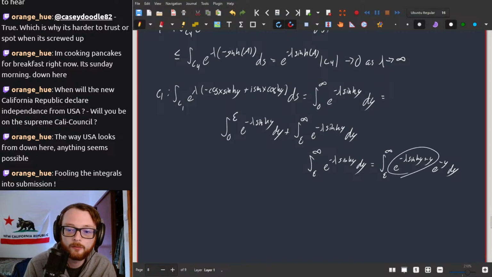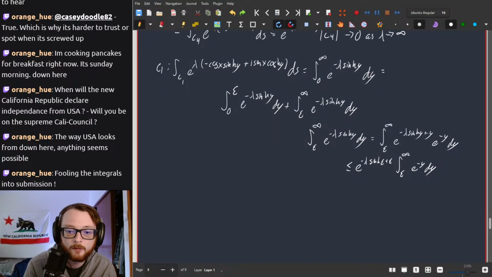And so this, it's still true that the maximum value of this bit here happens when y equals epsilon. But the nice thing about this trick is that this integral no longer goes to infinity.